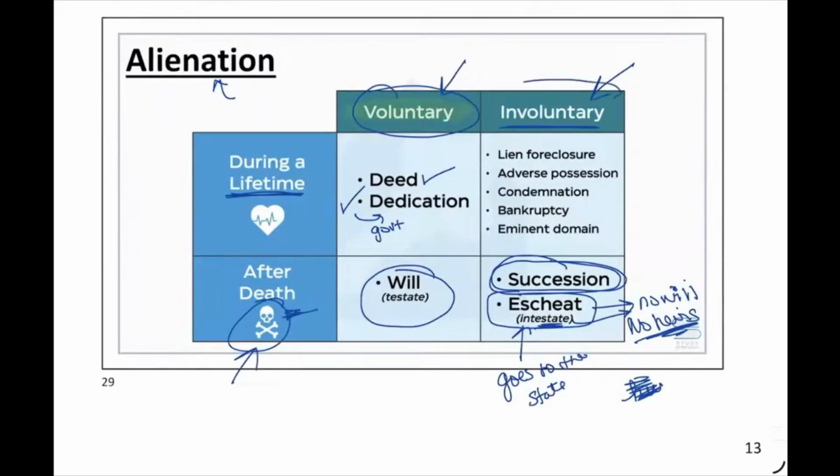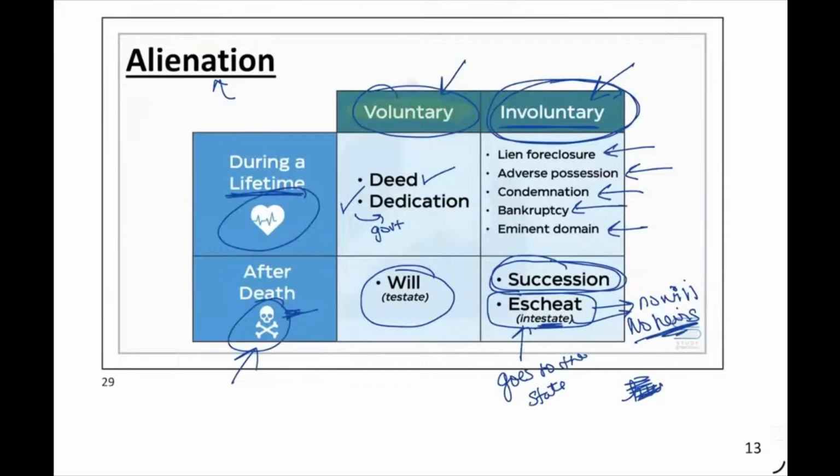If you don't choose for the government to take your land and they take it while you're alive, they could take it in foreclosure. It could be adversely possessed. It could be condemned. You could go bankrupt. It could be taken by the power of eminent domain. I know you all know what those words mean, but as a reminder, adverse possession is if you use the land long enough, somebody says, this is mine now.